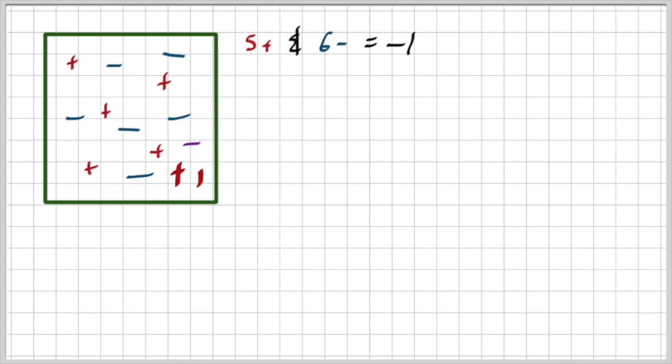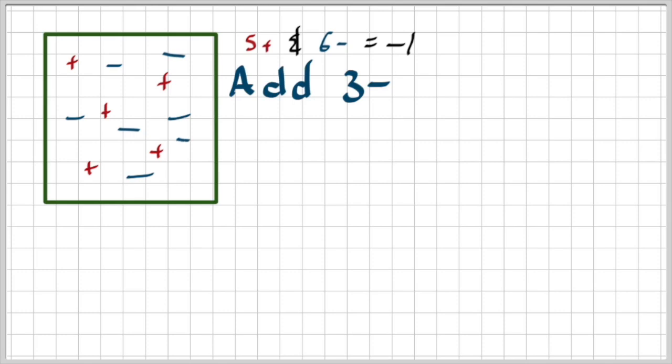So I'm just going to go back to my original equation. I've got 5 positives and 6 negatives in there. But now, what if I tell you that I'm adding 3 negatives? Or you can see this in mathematical terms as -3. But let's just keep it for now as 3 negatives.